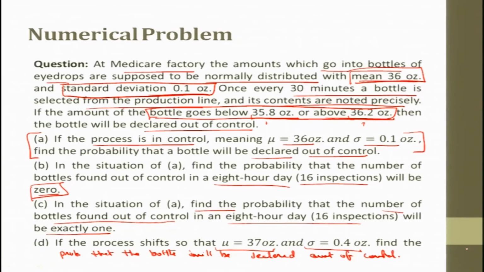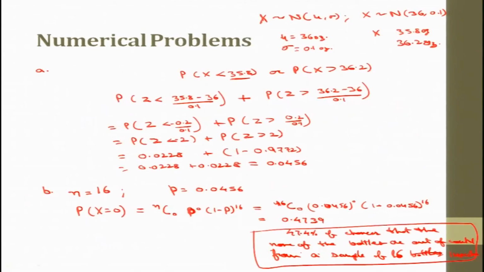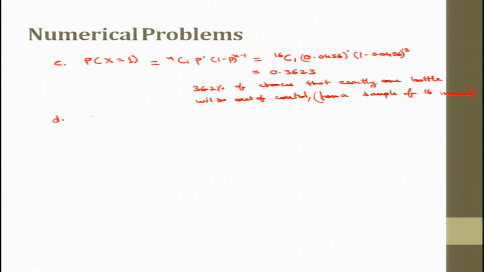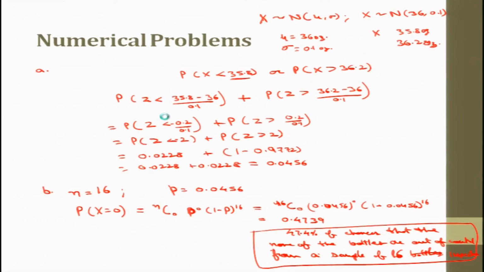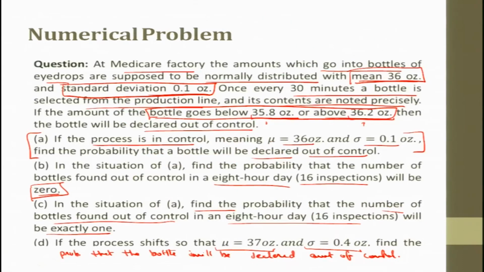Next, if the process shifts so that mu is changed and sigma is changed, now find the probability that a bottle will be declared out of control. Now we have a new normal distribution, N with a changed mu of 37 and a changed sigma equal to 0.4.